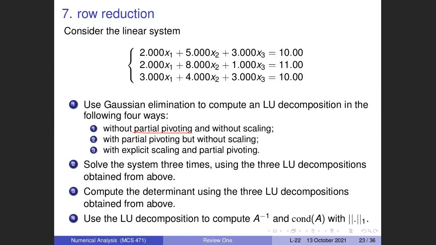Here the largest numbers occur in the right hand side. So you can scale implicitly, as you go equation by equation, or you can do explicit scaling on the entire system.